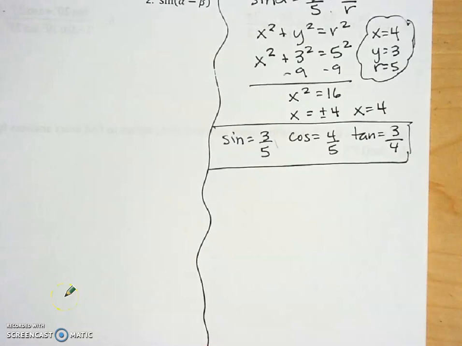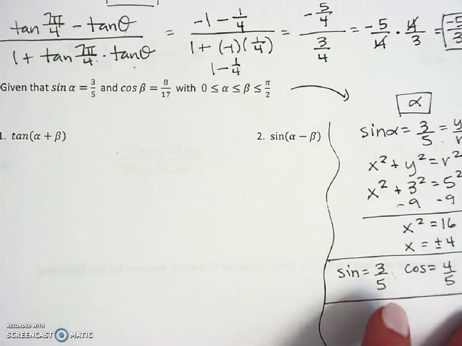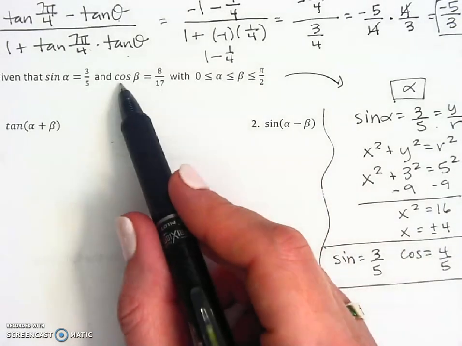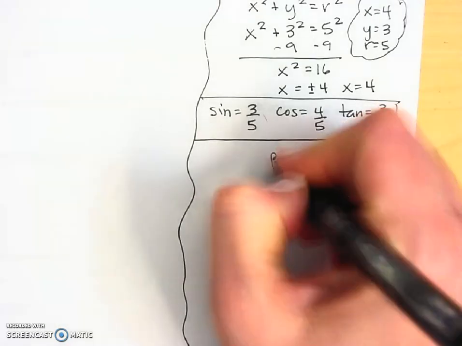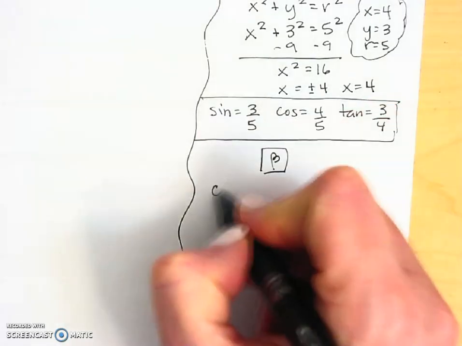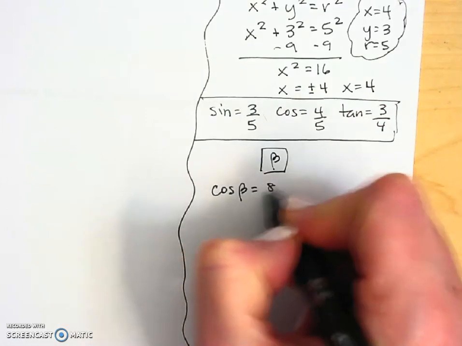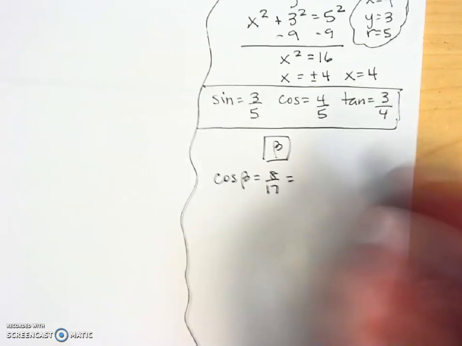All right, so now we're going to do the same thing with our beta information. For beta, we're given that cosine is equal to 8 over 17. That is x and r.